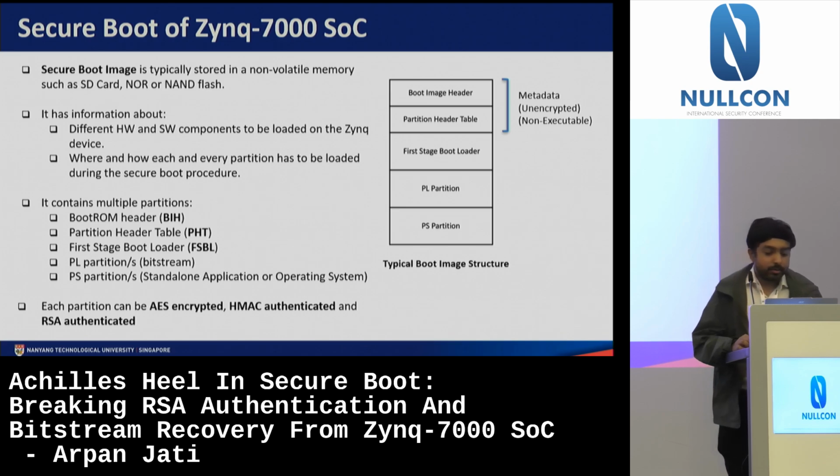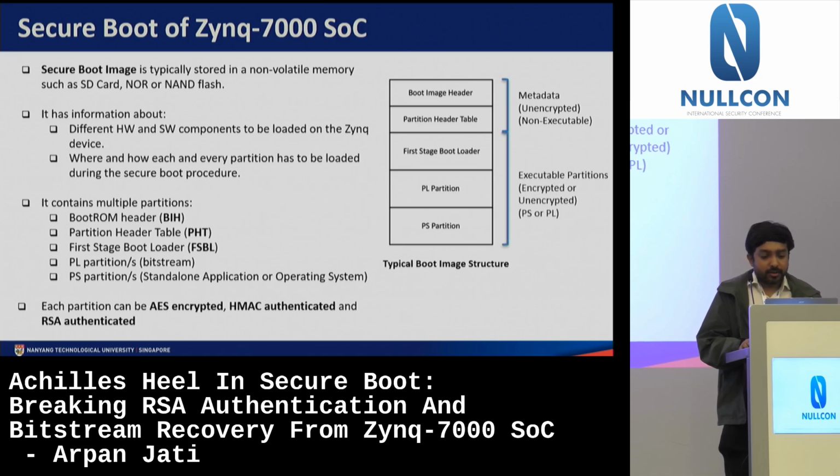As you can see in the boot image structure, the first two parts, the boot image header and the partition header table, are not encrypted. The lower three, the first stage bootloader, PL, and PS, are encrypted, and through this attack we work to decrypt them.